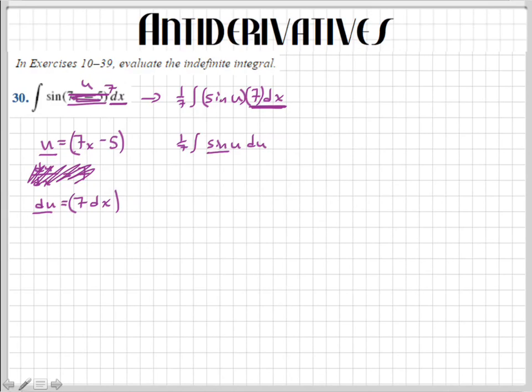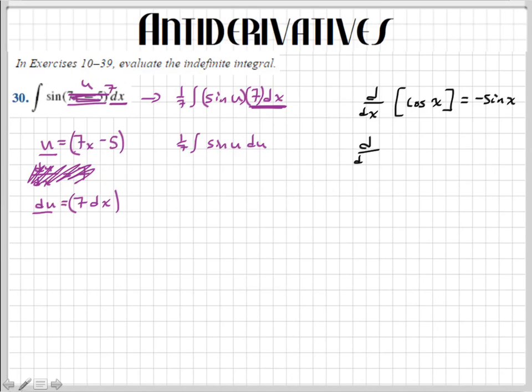Now you can take the antiderivative of sine u. Now I'd like to take you guys back to when we took the derivative of cosine. When we took the derivative of cosine, we would get negative sine x. So what would give us a positive sine x?